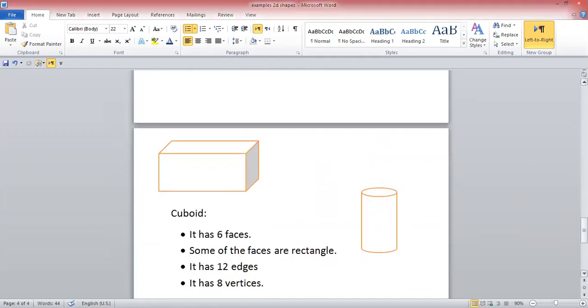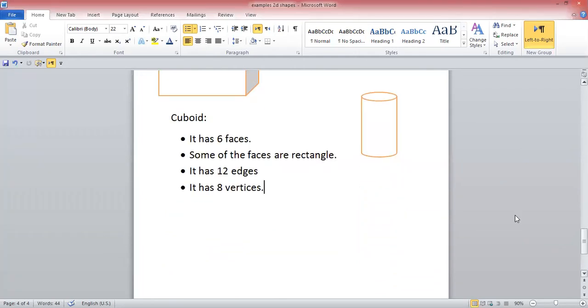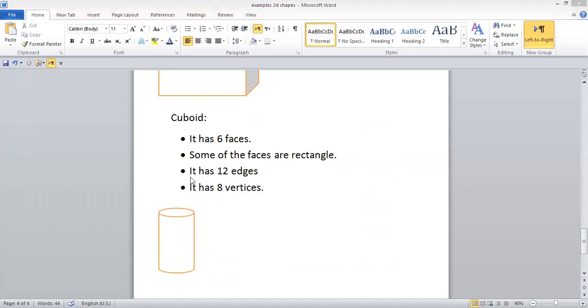You have learned about the cube, the cuboid, and the third shape, which is the cylinder. Tell me, how many faces are there in a cylinder? Three. Very good. How many faces of the cylinder are flat? Very good.